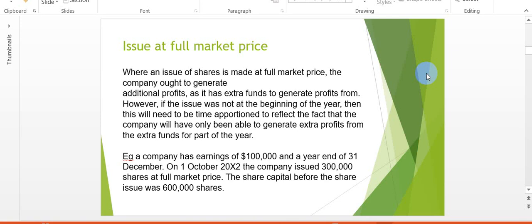Let's assume they issue 300,000 shares at full market price. And before they issue, the shares in issue were 600,000 shares.